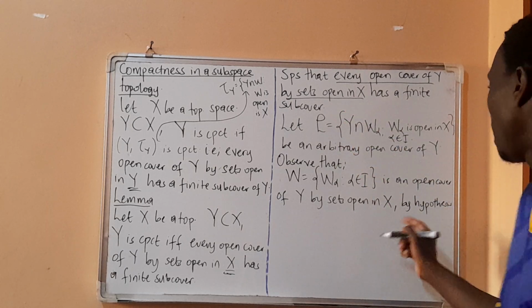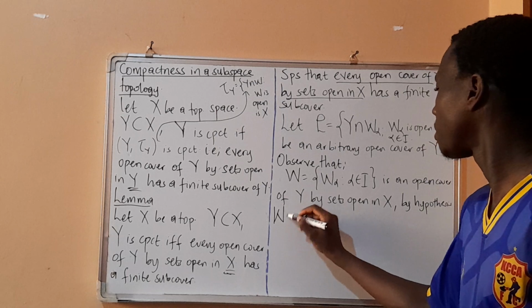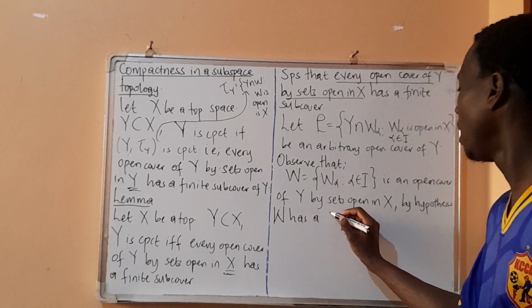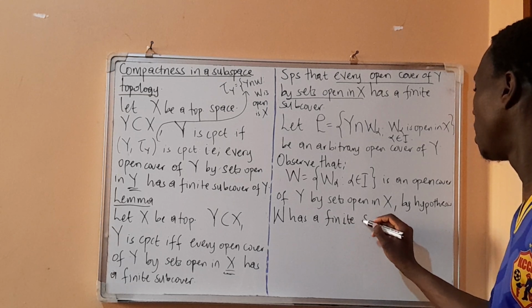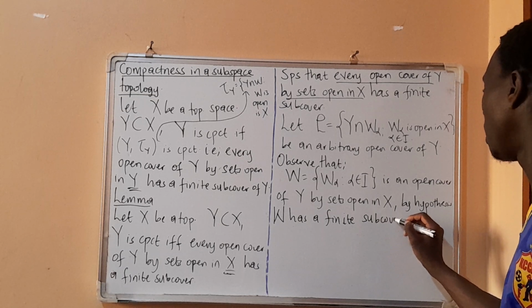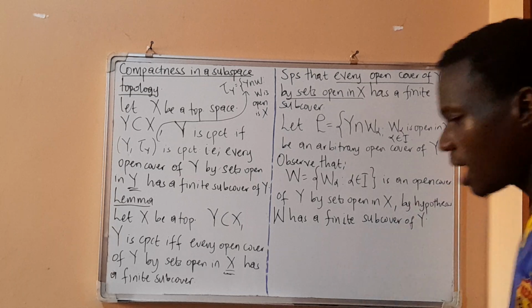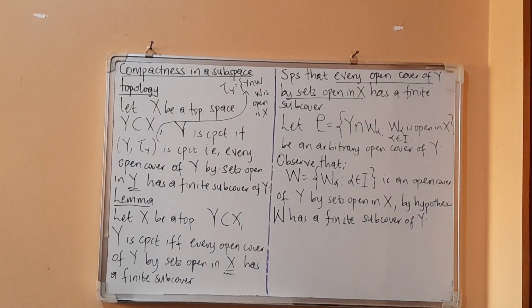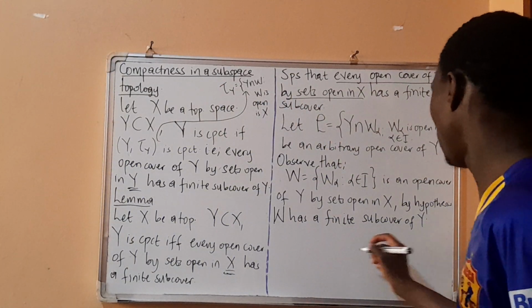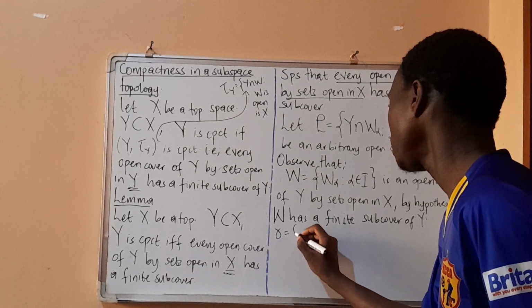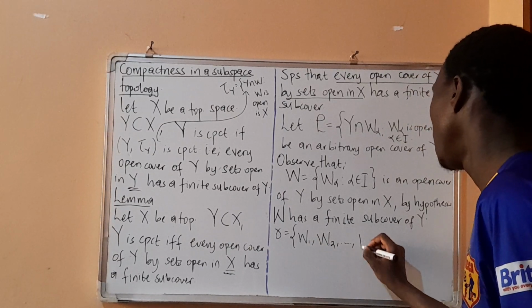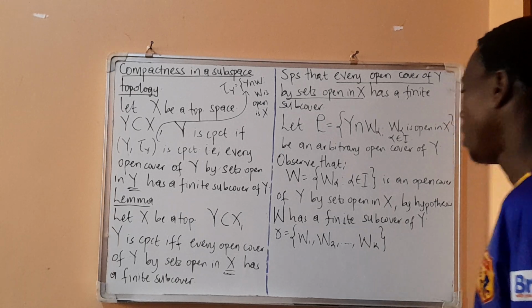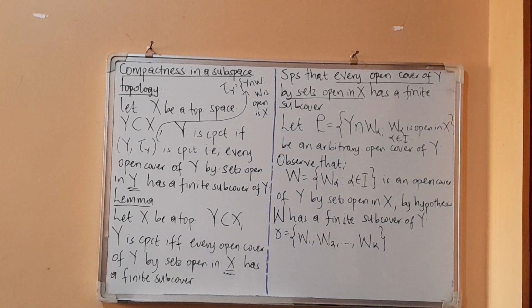So by this hypothesis, W has a finite subcover of Y, which I can call gamma, consisting of W1, W2, up to Wk.